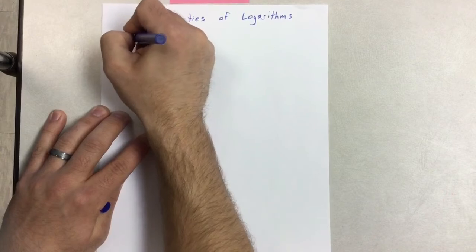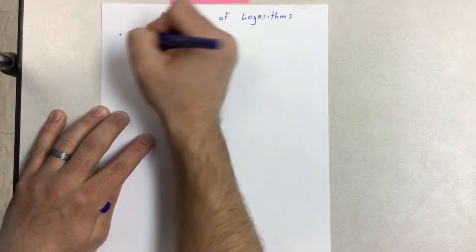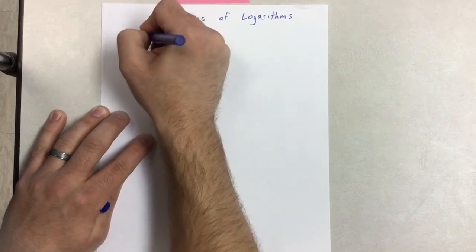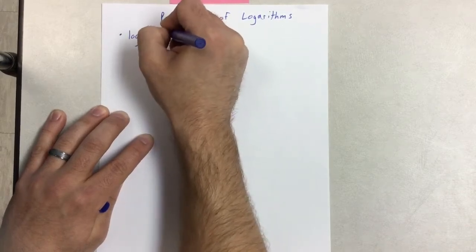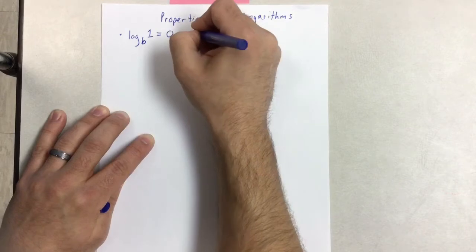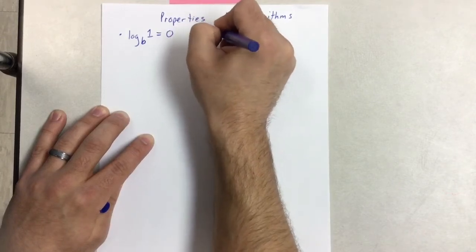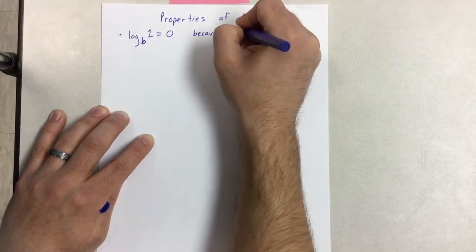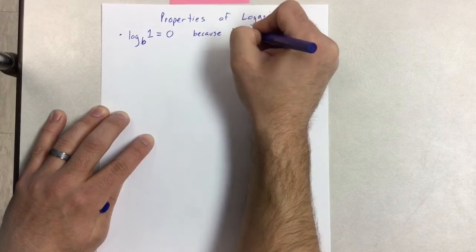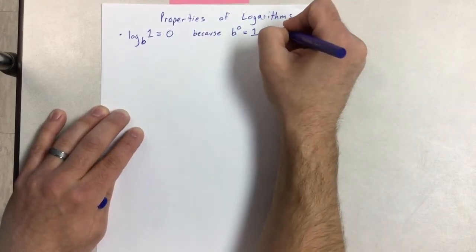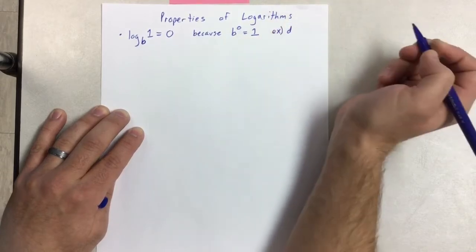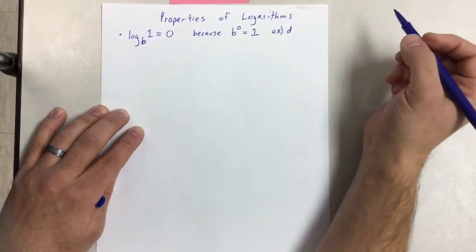If I have log base b of 1, it will always equal 0, because if I raise my base to the 0 power, that makes it equal to 1. In the previous examples, this would have been example D in the previous page.